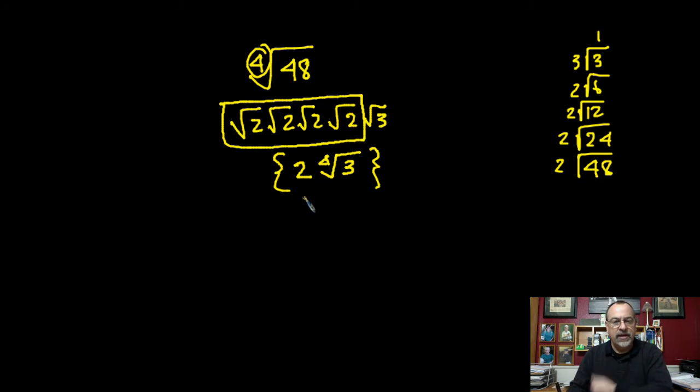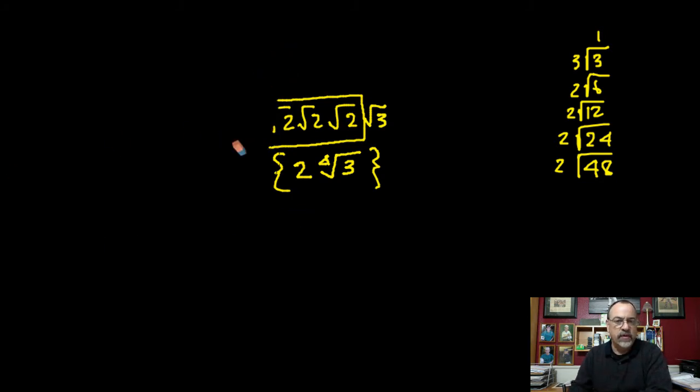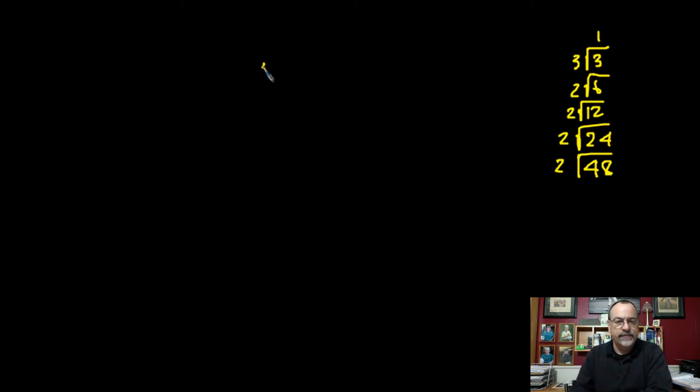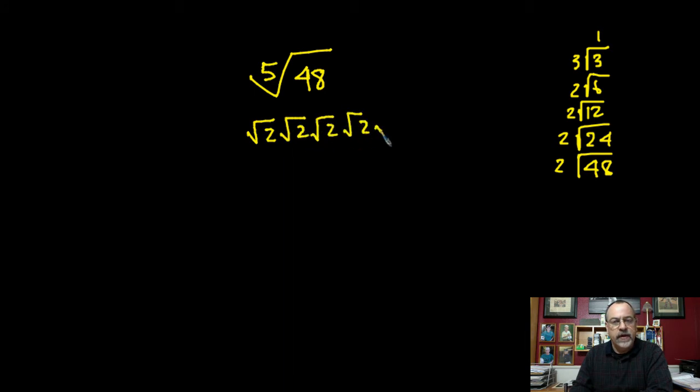So again, I can continue to do this with as many roots as I want. If I wanted to do the fifth root of 48, I would do its prime factors as I've done before. Now the index tells me that I need 5 of the same radical.